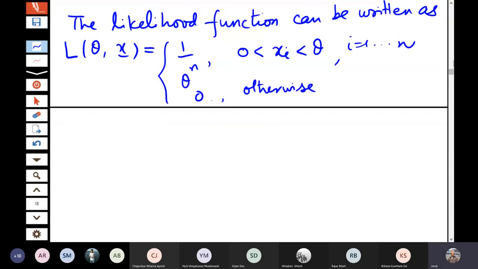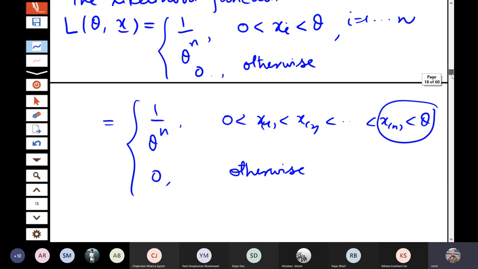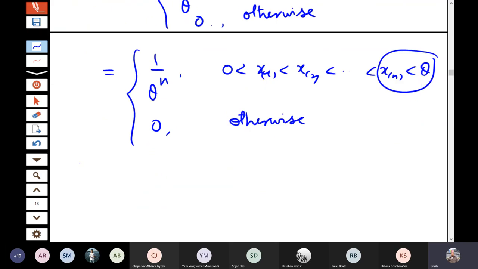Here you see, we can write it like this also: 1 by theta to the power n, 0 less than x1 less than x2 less than xn less than theta. I am using the order statistic here. The minimum value of theta that is possible is xn only. You cannot go below xn because all the observations are lying between 0 and theta.